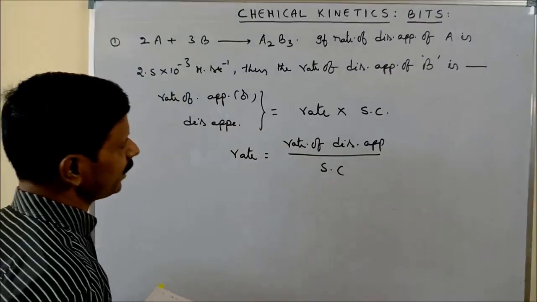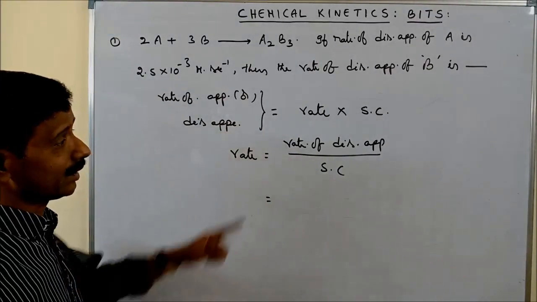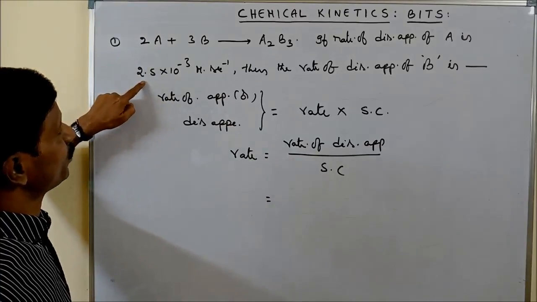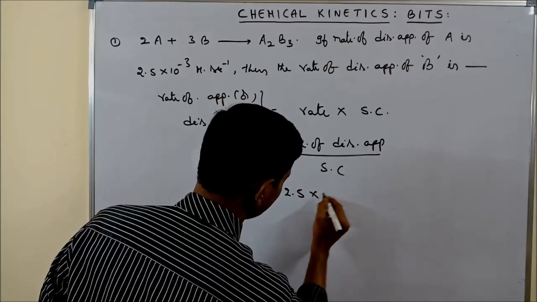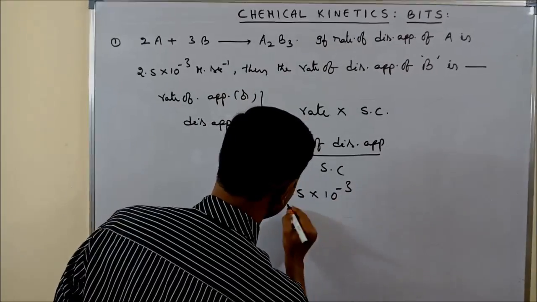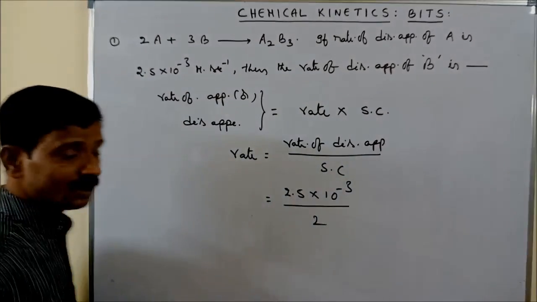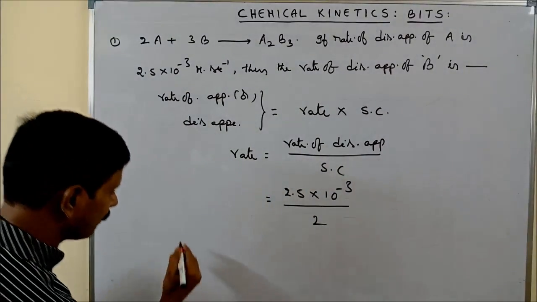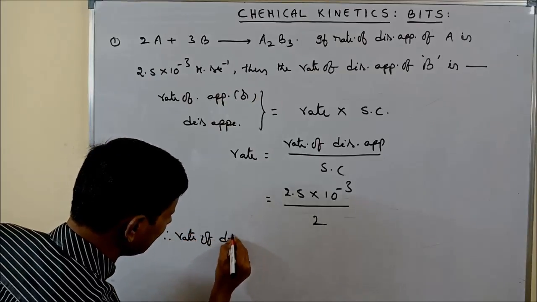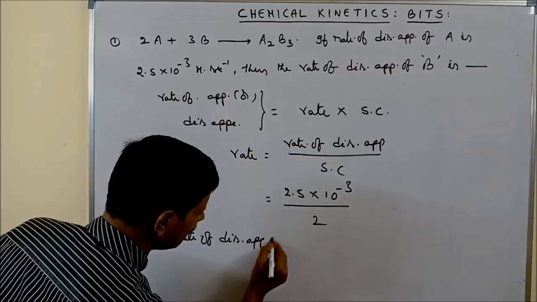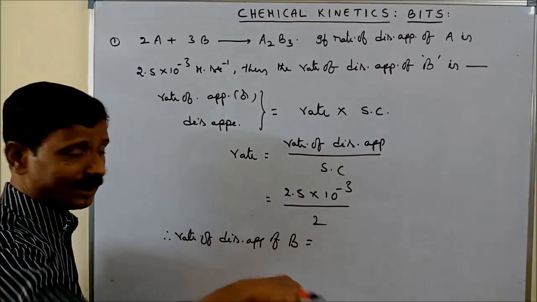So first we will go for rate. What is the rate of disappearance of A here? That is 2.5 into 10 power minus 3, divided by its stoichiometric coefficient, that is 2. So this is rate. Therefore, rate of disappearance of B equals rate into its stoichiometric coefficient.